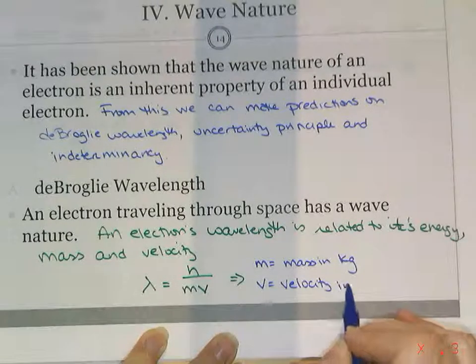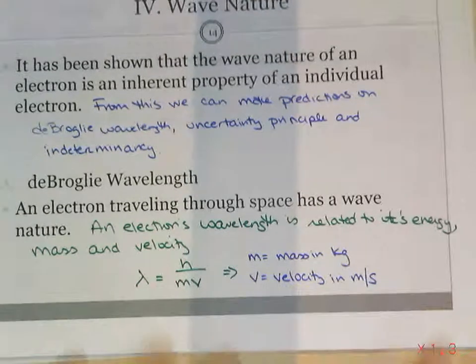And since the velocity, we're going to use meters per second. So this means I can now predict a wavelength knowing the velocity of an electron. Pretty cool. So let's go ahead and do that.